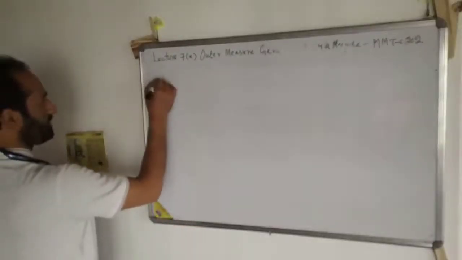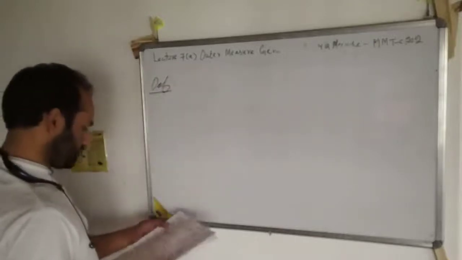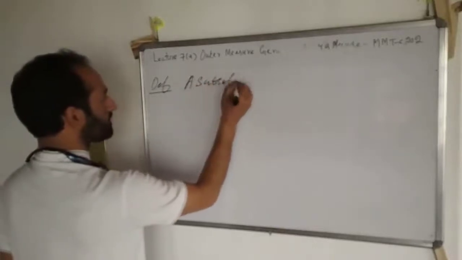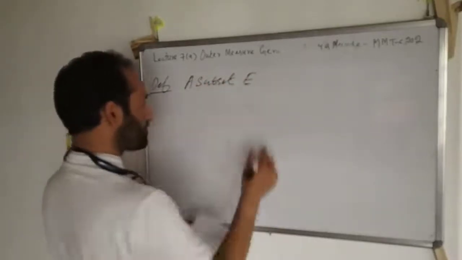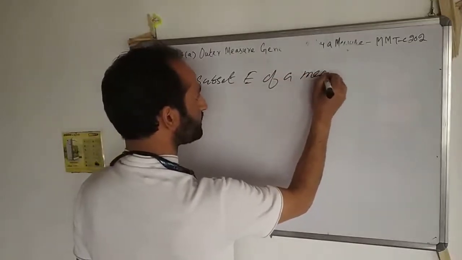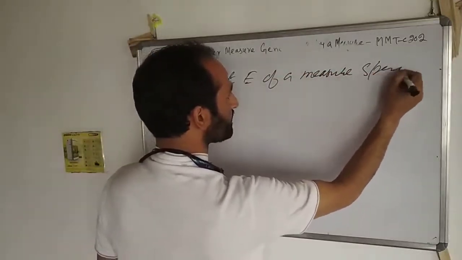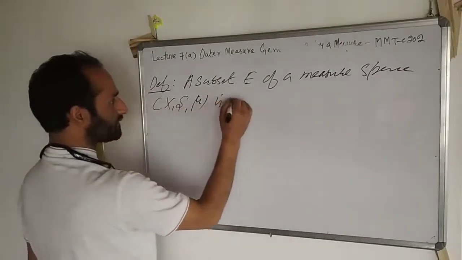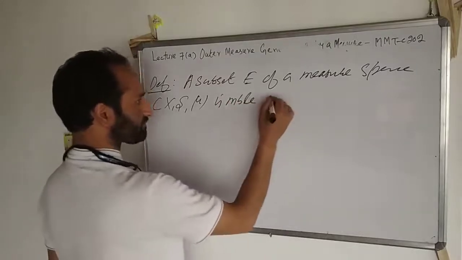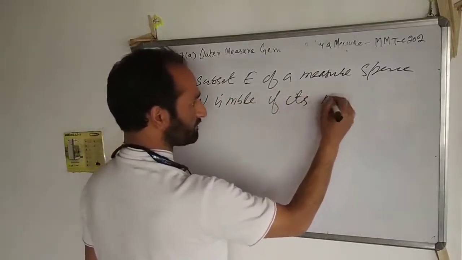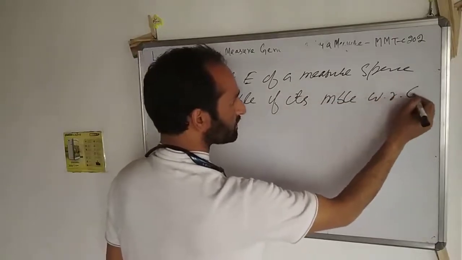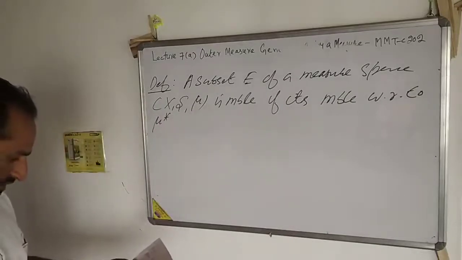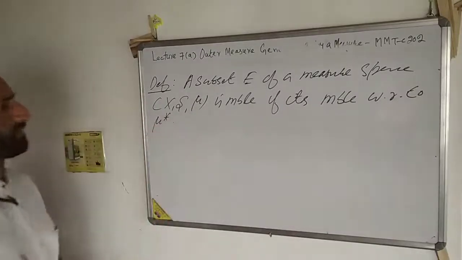So, definition. Now in future we say a subset E of a measure space (X, S, μ) is measurable if it is measurable with respect to μ*, the outer measure generated by the measure μ.